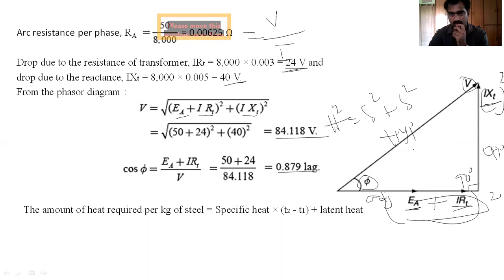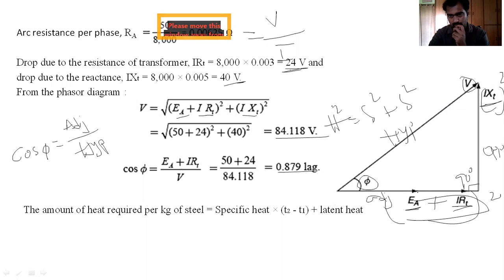From trigonometry, we have the basic formula, cos phi, where phi is the angle between the resultant voltage and the phasor. So cos phi is equal to adjacent by hypotenuse. What is the adjacent side?